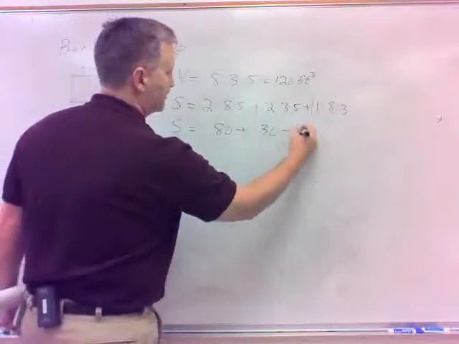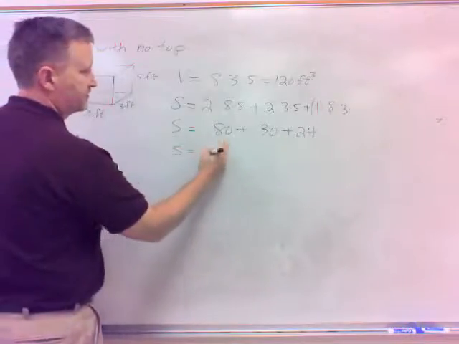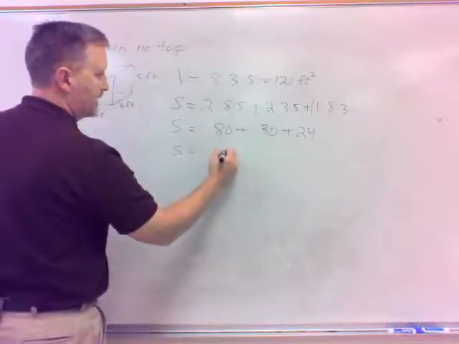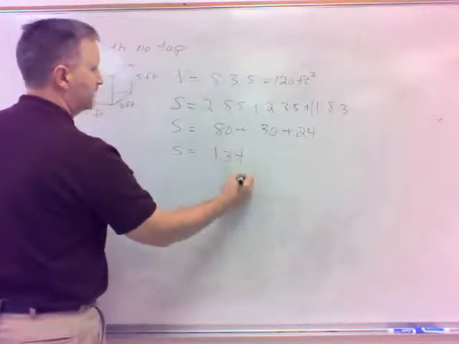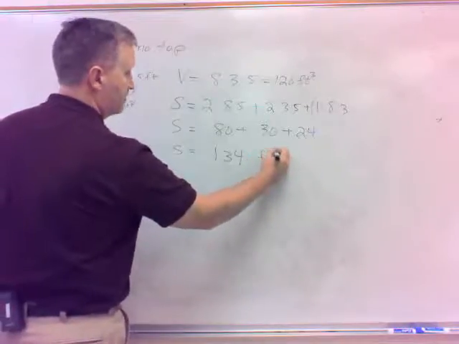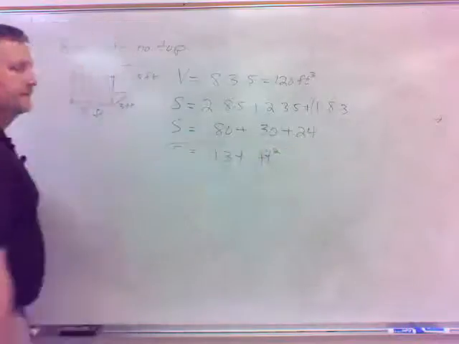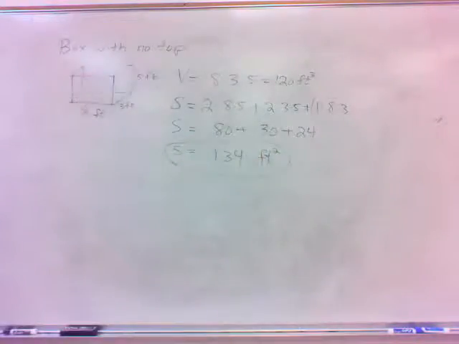And 1 times 24. So altogether the surface area is 134. And units for surface area are the same as all area units, square feet. All right. So anyway, I like that little problem there.